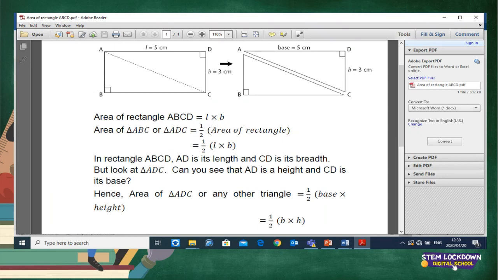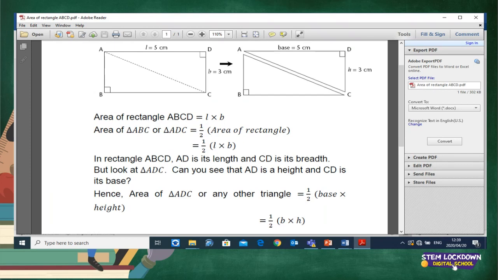We know the area of a square, which is length times length. We also know the area of a rectangle, which is length times breadth. Today we have learned about the area of a triangle, which is half a base times height.